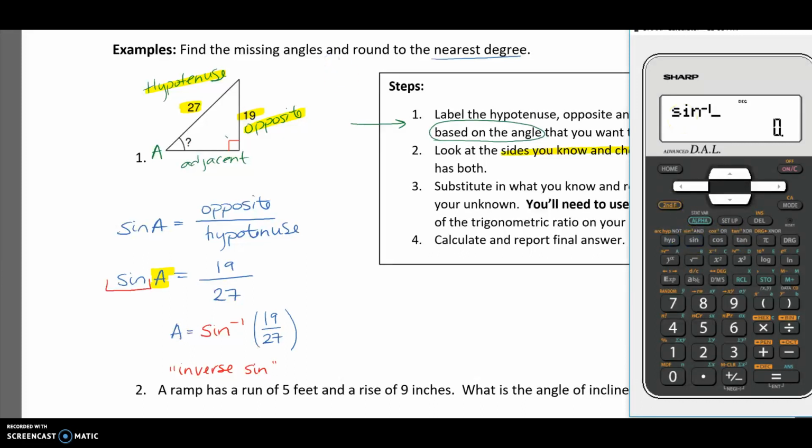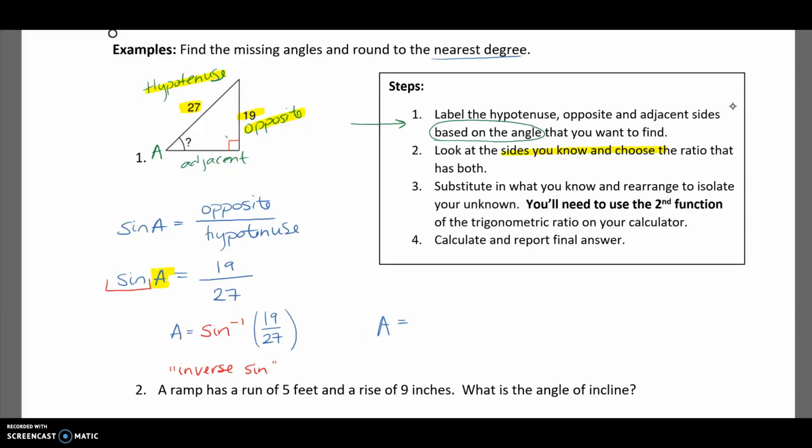It gives me the inverse sine you can see in the screen, and then I'll do a bracket with the fraction 19 divided by 27. You could also use your fraction key here. Close the bracket, equals 44.72. Notice that this angle is in degrees because my calculator is still in degree mode. So to the nearest whole degree, angle A is 45 degrees.